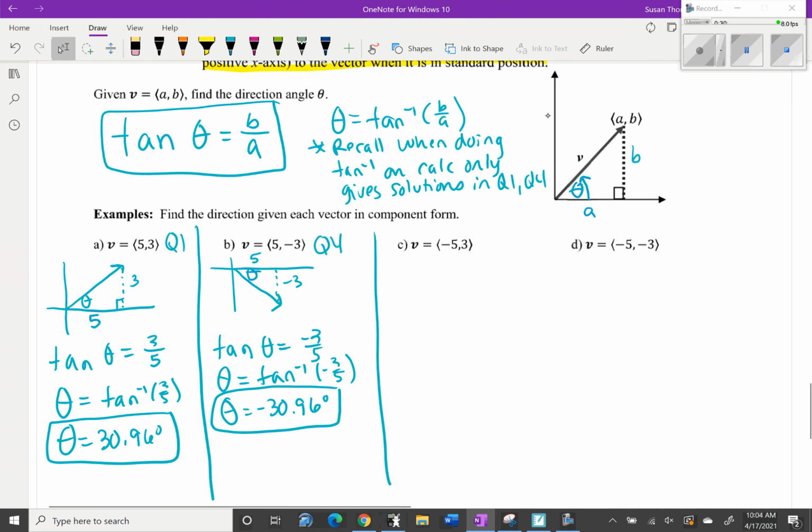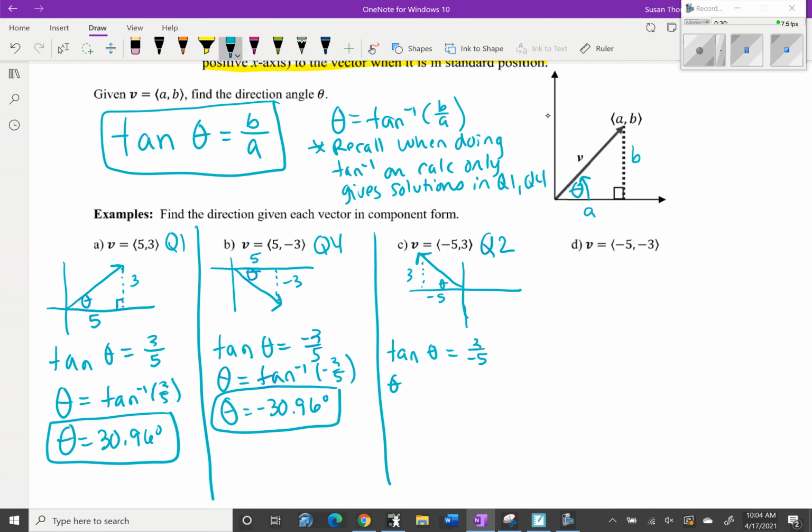So the next one, notice that is negative 5, 3, which is quadrant 2. So if I draw my vector in quadrant 2, we have negative 5 and up positive 3. So the tangent of theta equals 3 over negative 5. So theta equals the tangent inverse of negative 3/5.